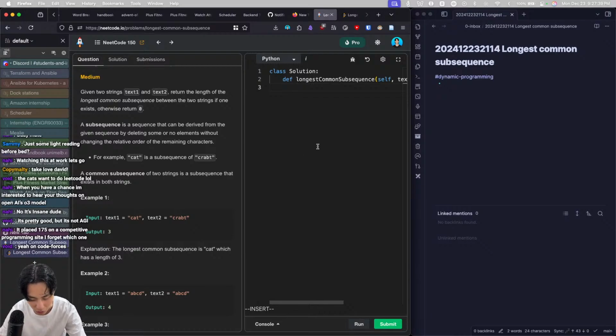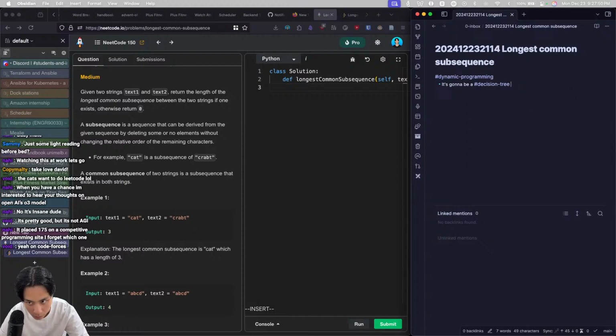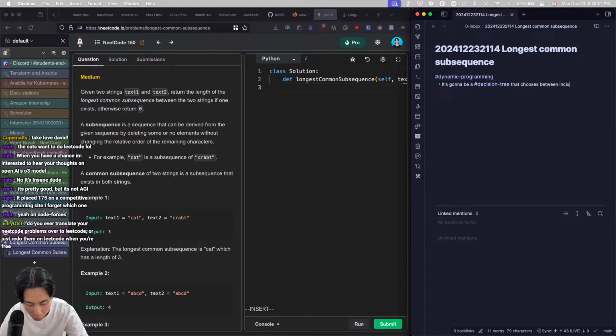Alright, regardless. How I think about this problem is it's going to be a decision tree that chooses between including or excluding the current letter in the word.